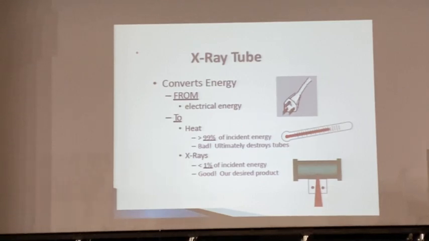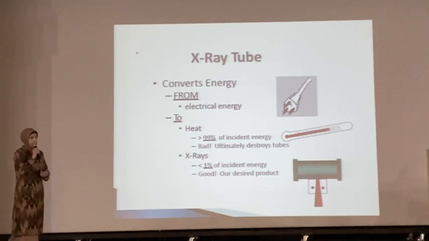The function of the X-ray tube is to convert the electrical energy into heat, more than 99% of the energy, which is bad, with time causing damage to the X-ray tube, and less than 1% is converted to X-ray, which is the useful part for us to create an image. X-ray is used for medical imaging.